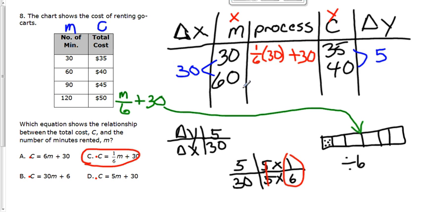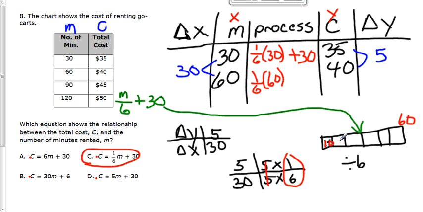Same thing with the next one. If I actually had 1/6 of 60, that's the same thing as saying this whole bar is worth 60. So what is each piece worth? 60 divided by 6 is 10.